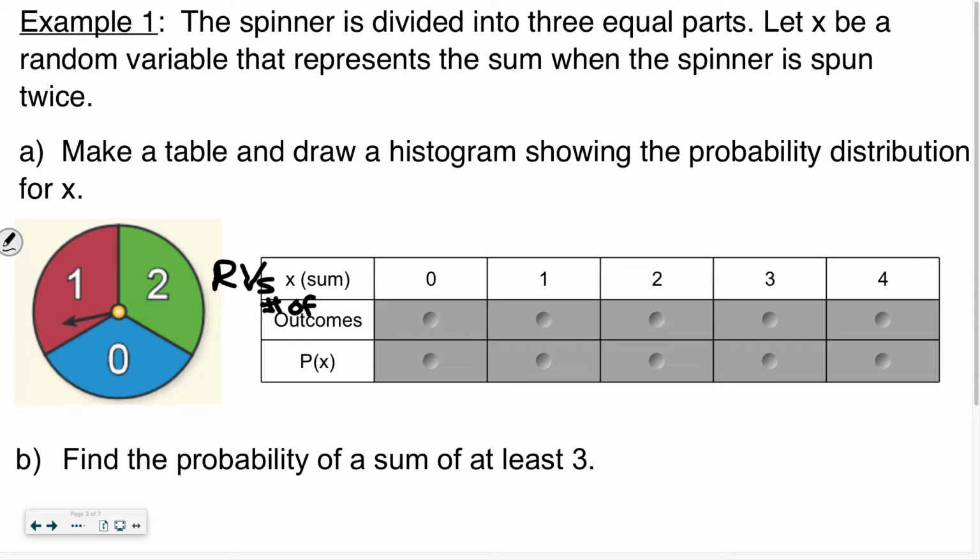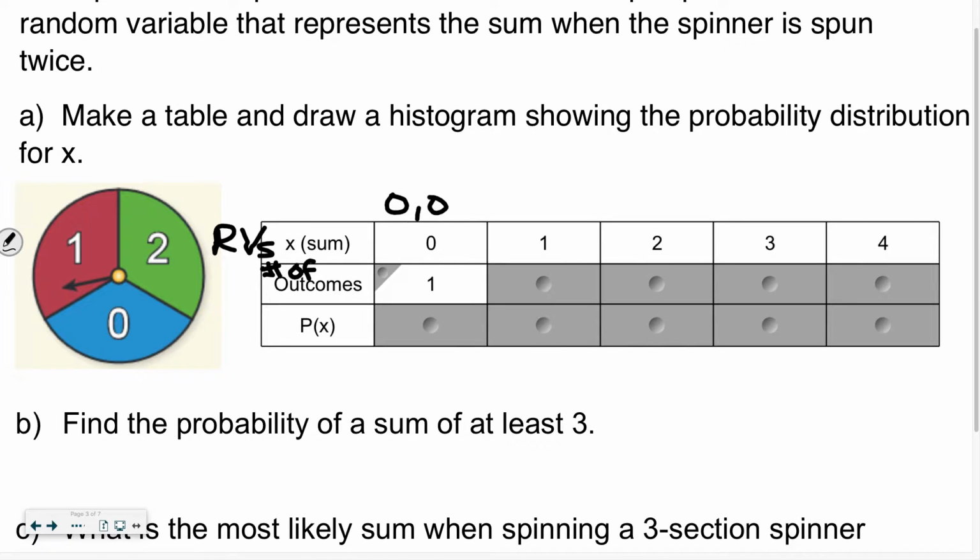But in the second one, that outcome should, I suppose, be really listed as the number of outcomes. Okay. If we want our sum to be 0 and we're spinning the spinner twice, what numbers could I land on to get a sum of 0? 0 and 0. So there is one outcome. If I were trying to spin the spinner twice and get an outcome of 1, how many ways can I do that? 2.